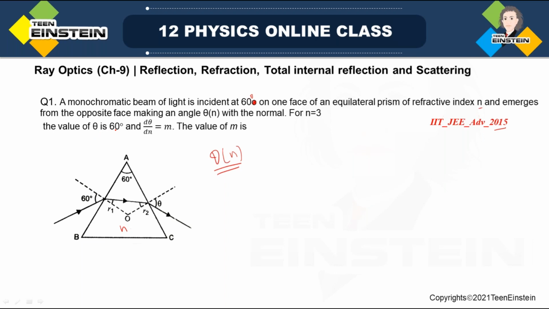For n is equal to root 3, the value of theta is 60 degree, and d theta by dn, that means the variation of the angle with respect to refractive index, is m.